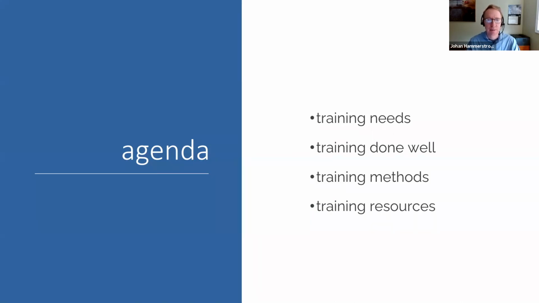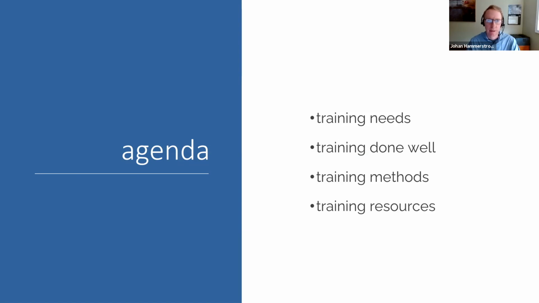What does it look like to do training well? I think hopefully many of you are here today because you understand the need for training, but training can be somewhat elusive, IT training in particular. So we're going to talk about that, some examples of where we've seen training done well. We're going to spend some time talking about different methods. There's no one size fits all or single approach to training.